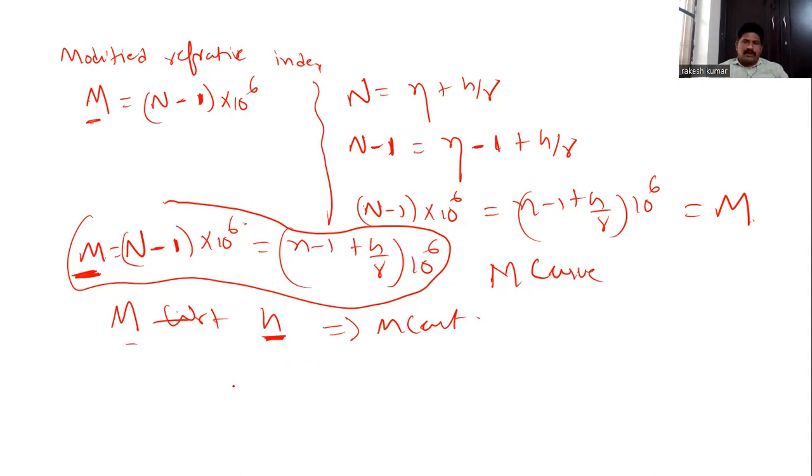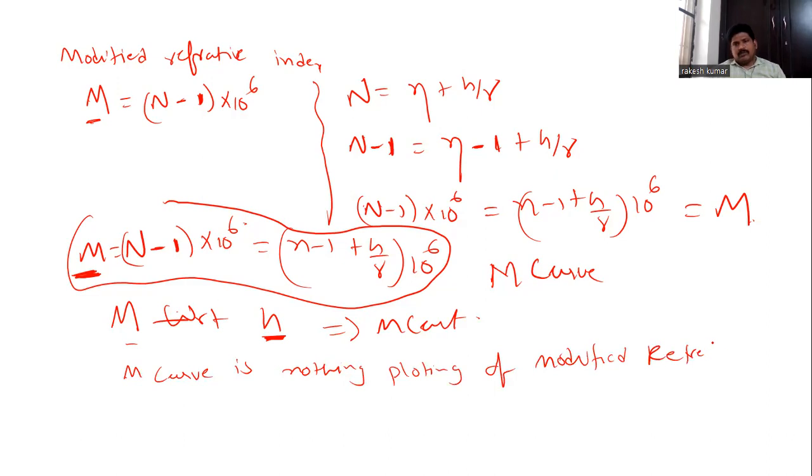M curves are nothing but the plotting of the modified refractive index M with respect to H. This is the definition of the M curve: plotting of the modified refractive index with respect to H is called the M curve.